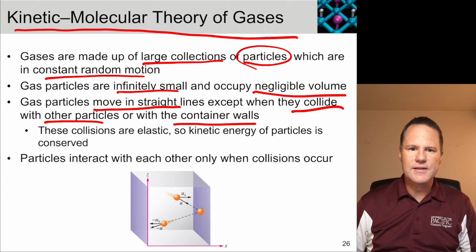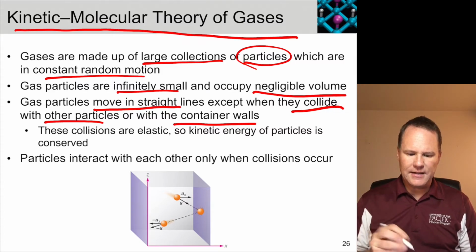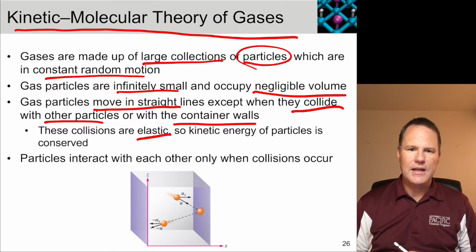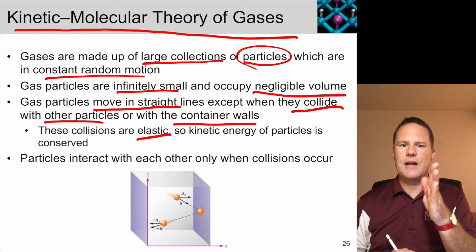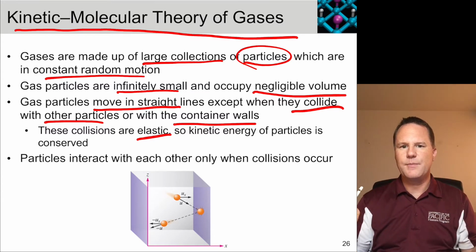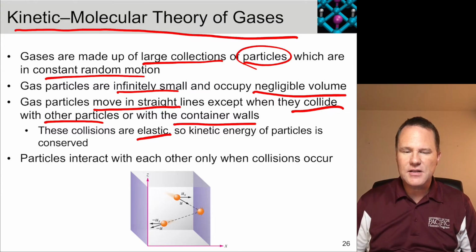If it collides with another particle in a totally elastic collision, it means that the kinetic energy of particles is conserved. So if my particle is going in this direction and then hits another one, and now that one will fly in this direction and goes back, then the velocities and the kinetic energies are conserved, and ultimately one of the particles, and it doesn't matter which one, will also hit the wall.